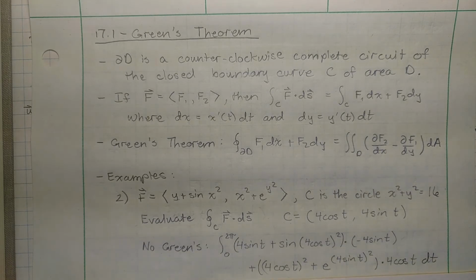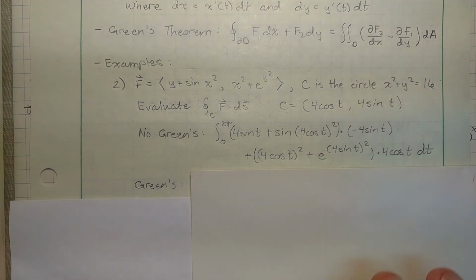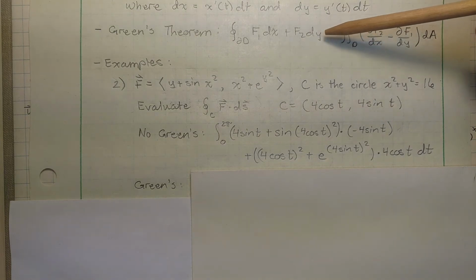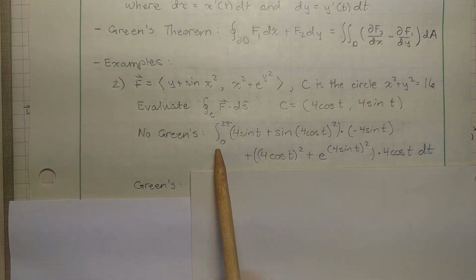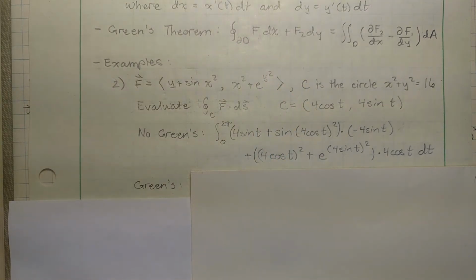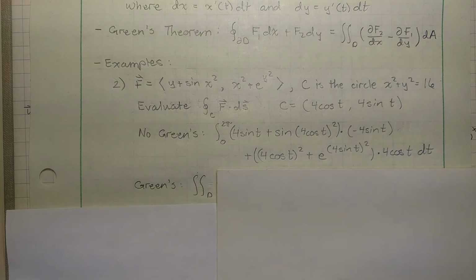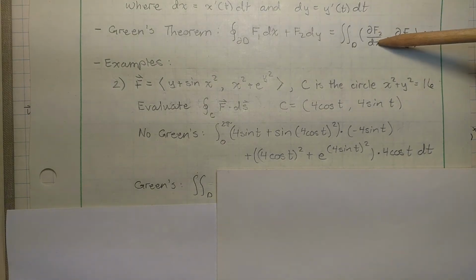So let's look at what happens with Green's theorem. With Green's theorem, we're just applying this in here. So this was our initial situation. We are going to go over the double integral, and now I can take the partial of my y component with respect to x.